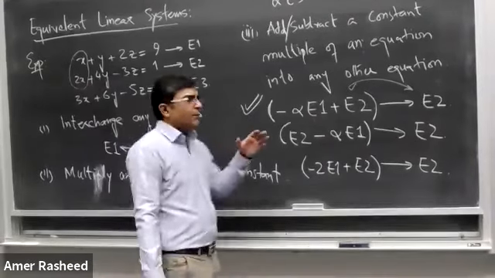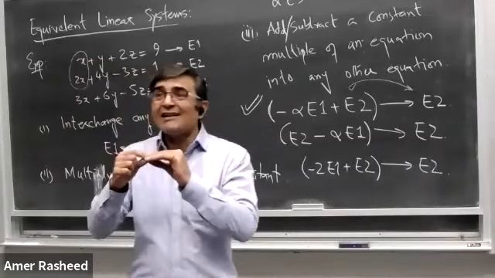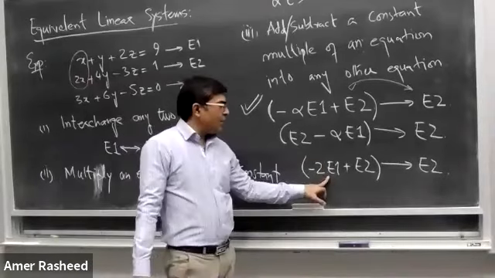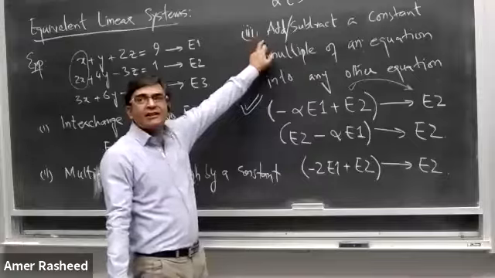Sir, I have another question. We are multiplying by -2. We can also do it the other way around, multiplying by 1/2 to make it 1. Yes, you can multiply equation 2 by 1/2, but then you have to add it in equation 1. The equation whose multiple you take must be added to another equation. This is what we have written in the third case.